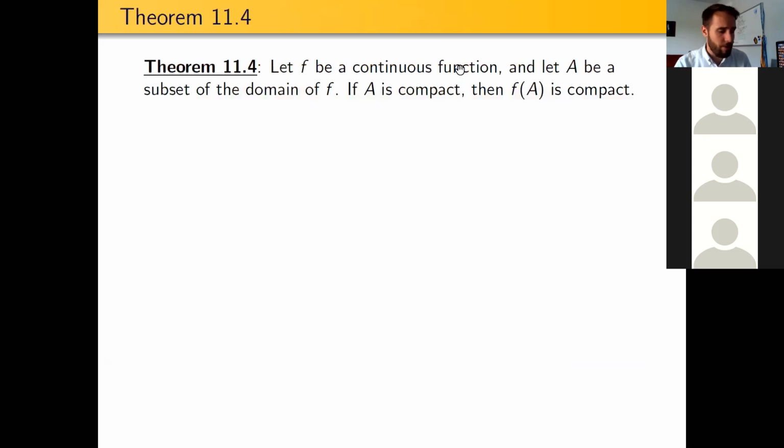This is sometimes said in a really nice way, that I really like: continuous functions send compact sets to compact sets, or continuous functions preserve compactness. It's a way that we can characterize a continuous function, that it preserves this idea of compactness, sending compact sets to compact sets.